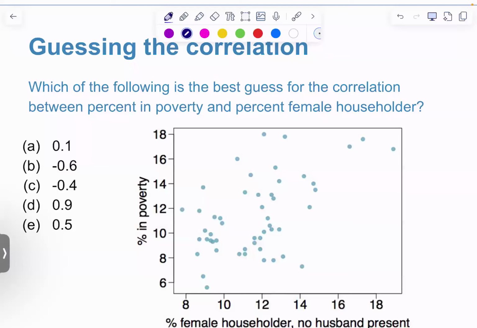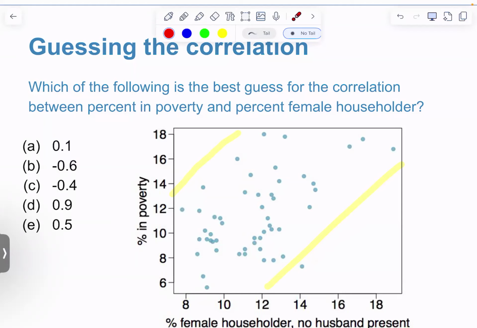It's harder to see a pattern, right? And so I would say, kind of like this. You're allowed to exclude some points, but you want to kind of capture the activity, right? And so here, this looks to me like it's going to be a weak positive linear relationship, right?